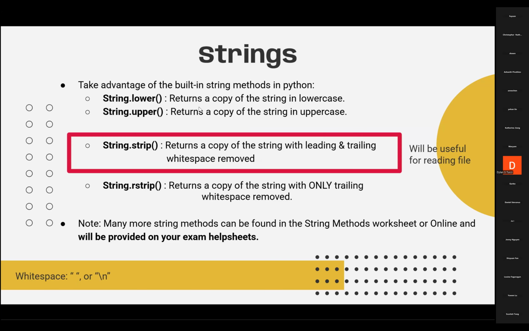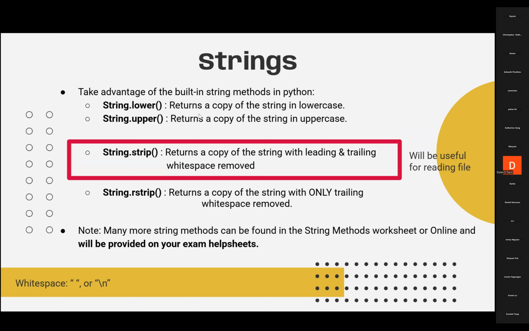And now we will talk about string methods. In the exam, I think it will be very helpful if you know what methods are there for string. So instead of doing multiple if statements to check if it's a small a, we make it an uppercase of the a, you can just do dot upper, or if you want to make it lower, just do dot lower.